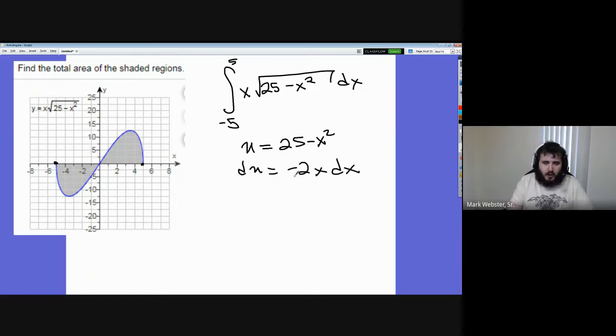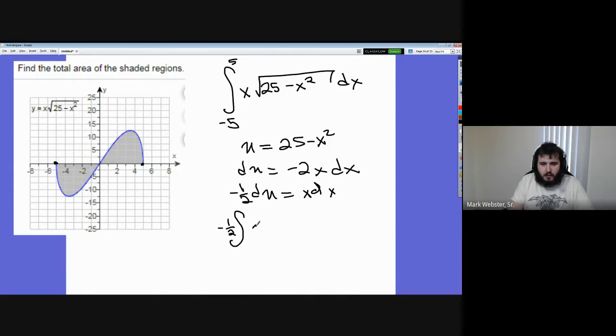And I need to take this -2 divided over so that I get the x dx part like I should, so I can cash that in for du. So really, -1/2 du equals x dx, right? And so I plug all that in, and that -1/2, I'll put it outside because I don't need it on the inside.